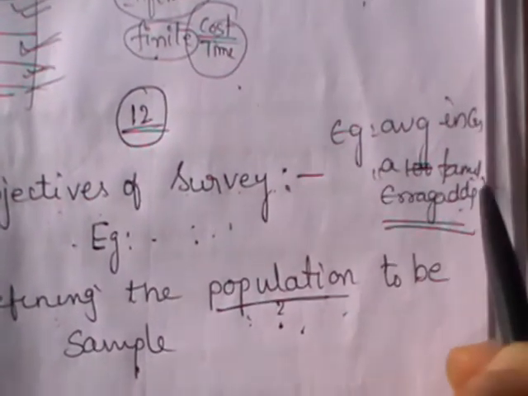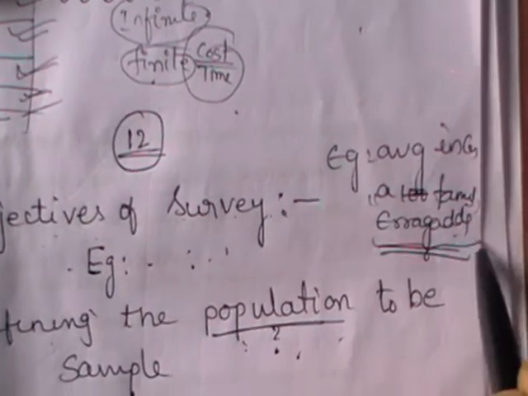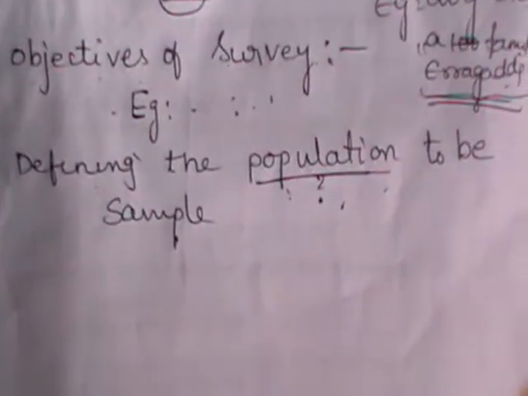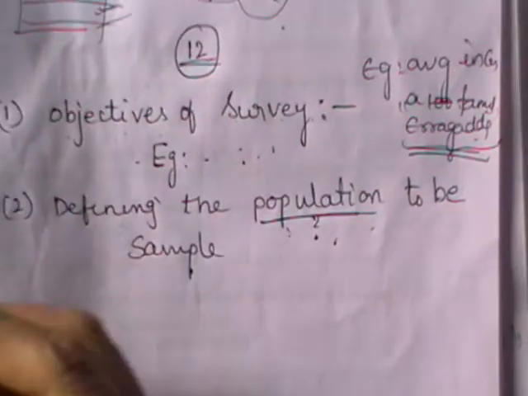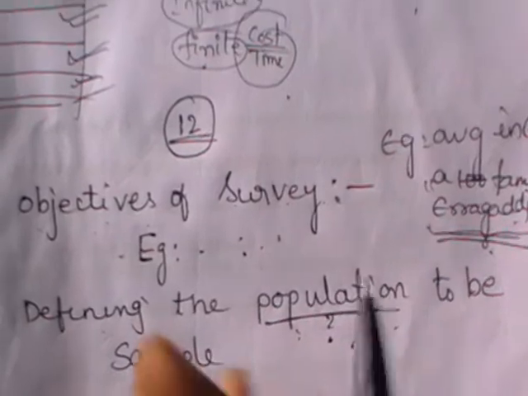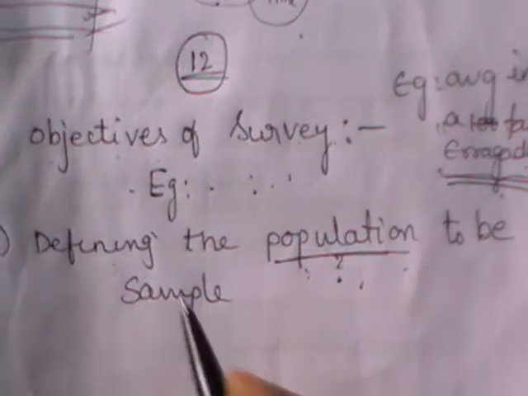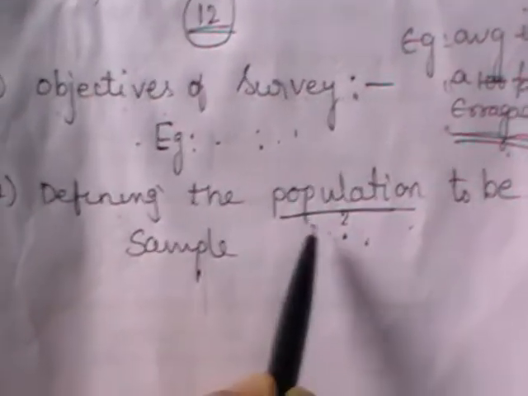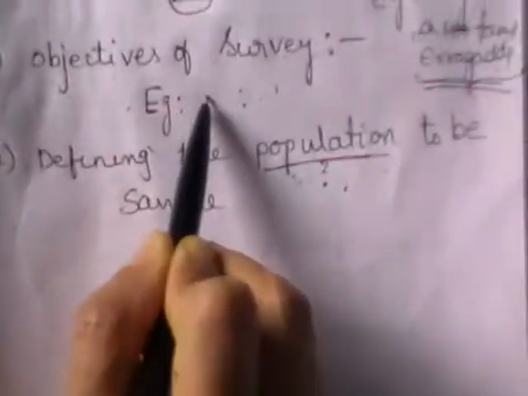The total number of families living in the Eragada area will be your population. From that population you should draw the sample. You cannot consider the families living in some other area like Khairtabad or any other area. The population should be in connection with the objective of this survey. There should be a connection between these two.